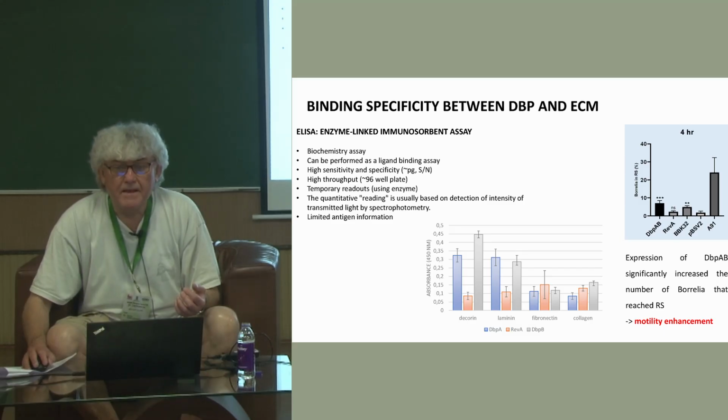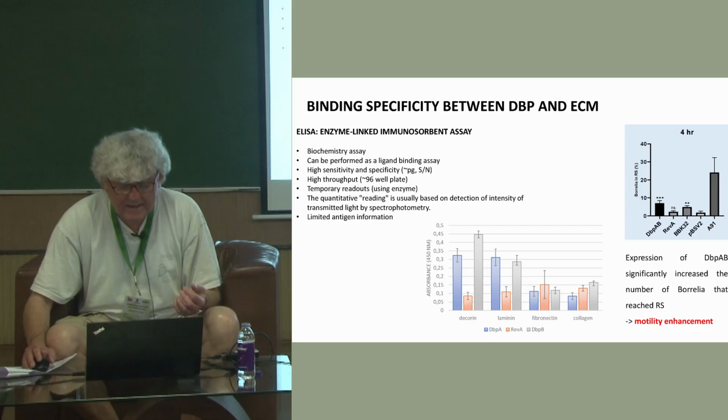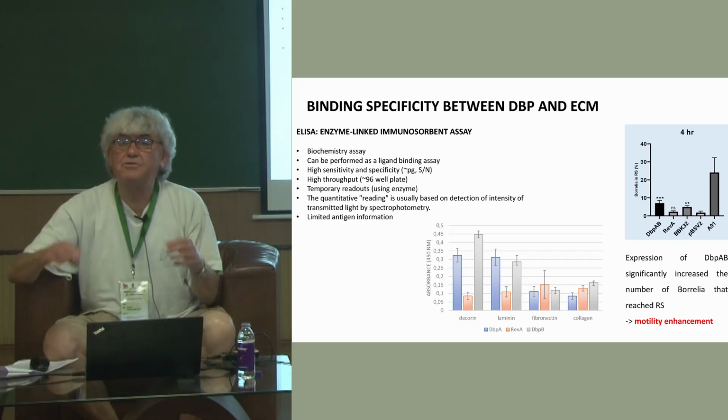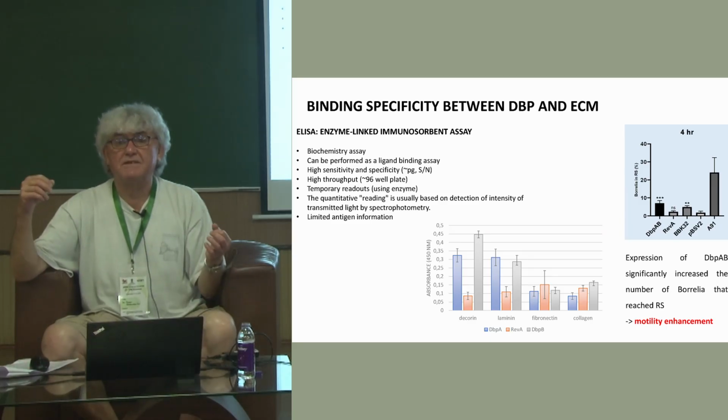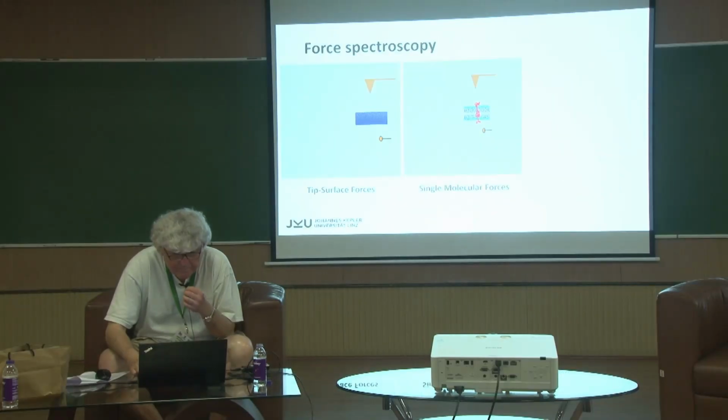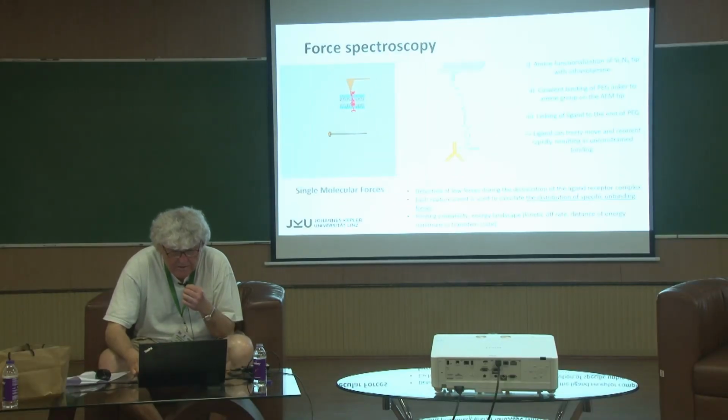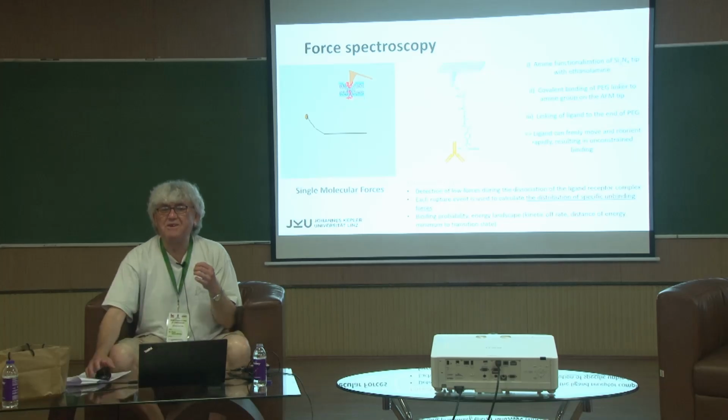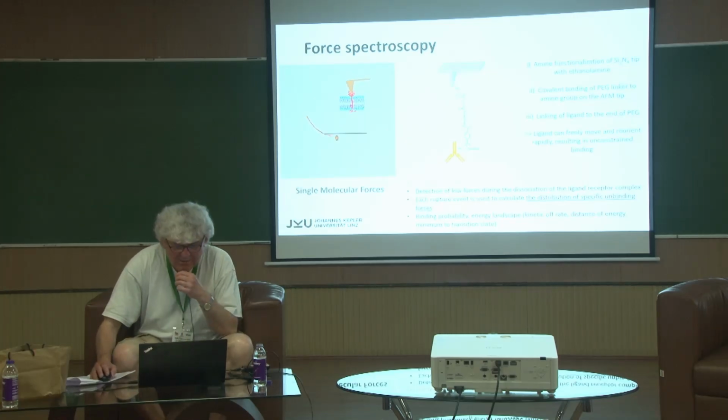Okay? And from these screening assays, we then started to do force spectroscopy experiments. Okay? So you saw these pictures already, I guess. So we, of course, used our PEG chemistry to functionalize our surfaces with the proteins.